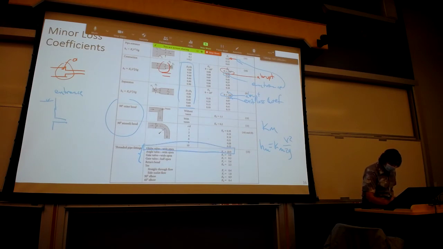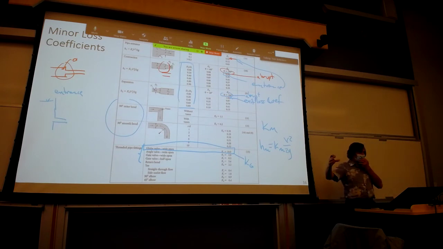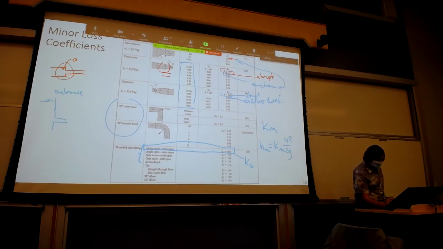We can see that Kg, I subscripted g because it's a globe valve. When you have a lot of different minor loss components, it's not a bad idea to use a subscript that describes that component so that when you're reviewing your work, or better yet, when someone's checking your work, they can associate the loss coefficients. So in this case, Kg is 10.0.